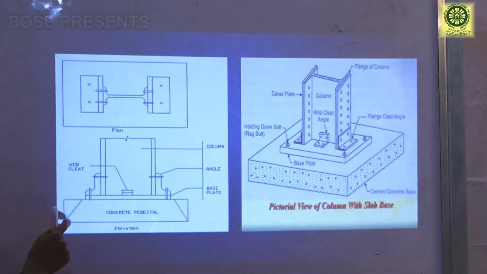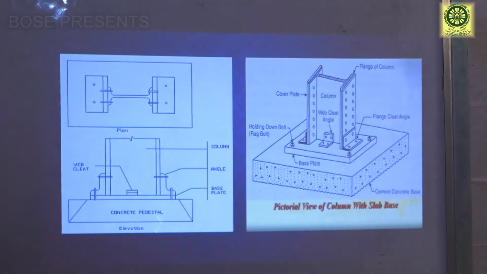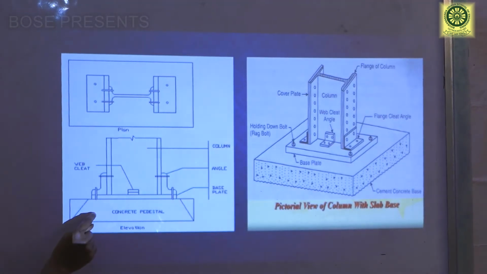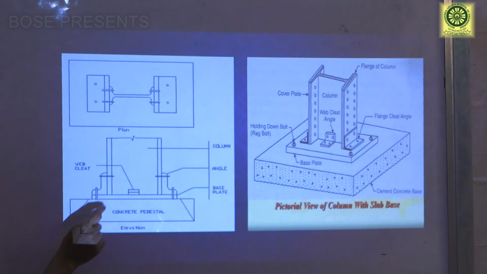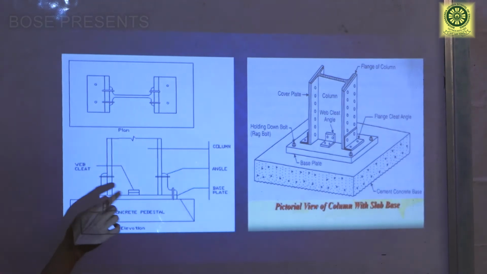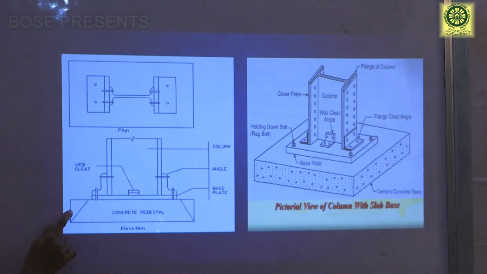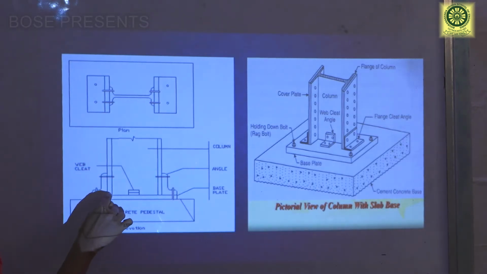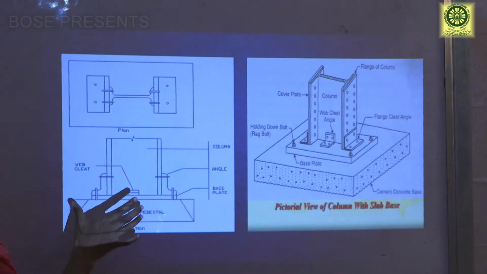As I told, the column is connected to the base plate through cleat angle or welding. So here cleat angles are used, and this column transmits the load to the column base, and the column base transmits the load to the concrete pedestal, so that the bearing pressure is uniform.